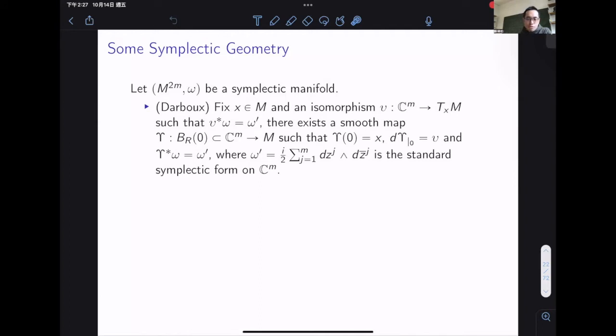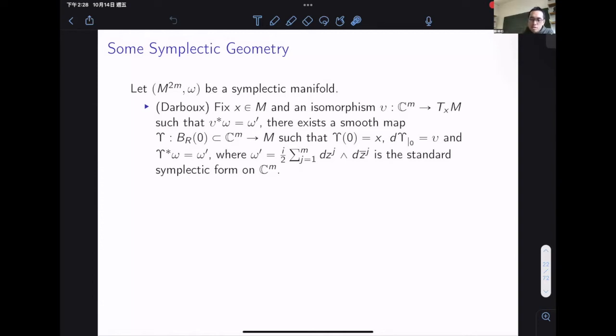The first thing we use is the Darboux theorem: at each point of the symplectic manifold, if we fix an isomorphism from C^m to the tangent space at that point such that the symplectic form is preserved, then we can extend this property to a neighborhood of x.